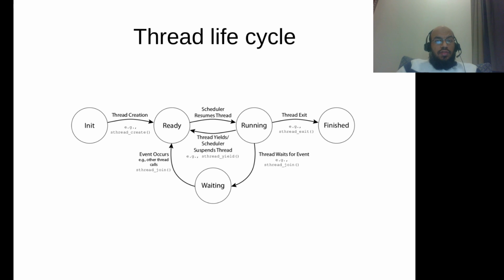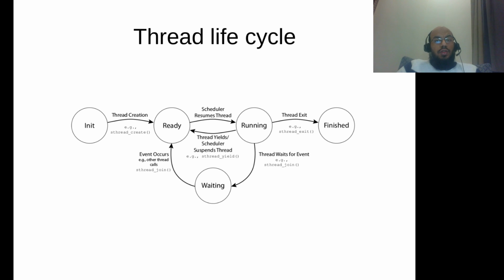It can also be that you're waiting for communication from another thread running on a different processor, or waiting for some result of some computation that another thread will produce, or waiting for a network event, for example. So in general, you stay in the waiting state until that event happens.